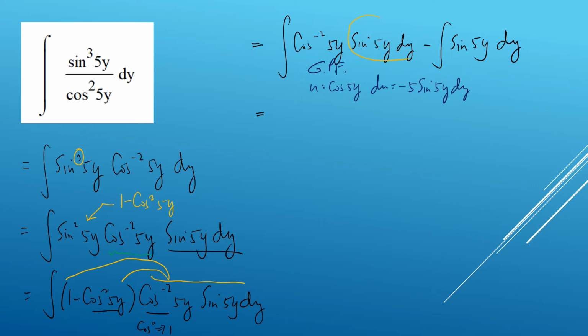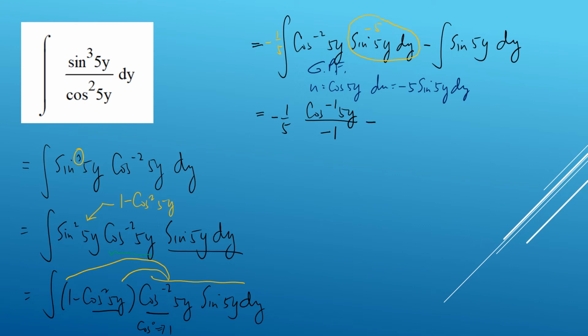So we already have sine 5y dy, it only lacks negative 5. We multiply it also by the reciprocal, negative 1/5. And applying the power formula, our answer will be negative 1/5 cosine raised to negative 2 will become cosine raised to negative 1. Negative 2 plus 1 is negative 1, over negative 1.